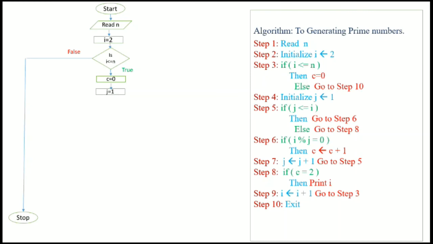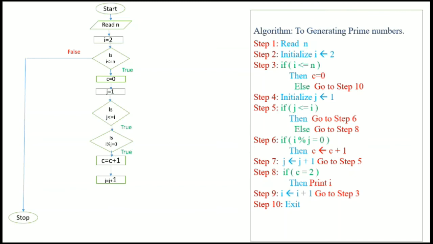In the next step, we will check if j is less than or equal to I. If it's true, then we will check if I mod j is equal to 0. If this is true, then we will increment the value of c by 1. Then we will increase the value of j by 1.